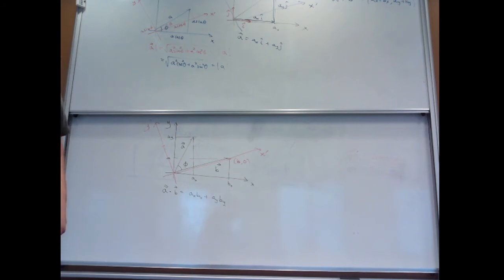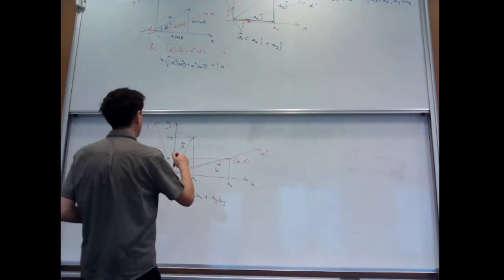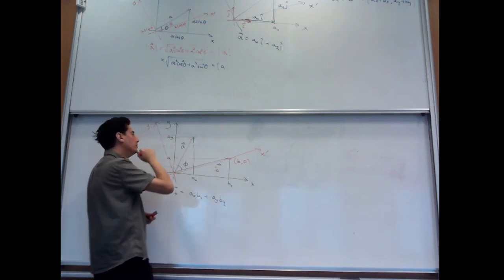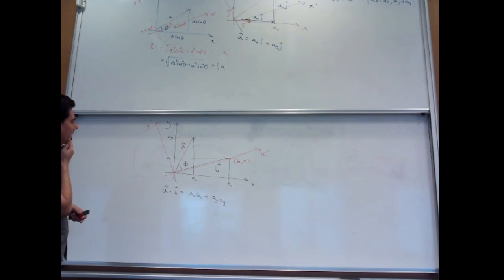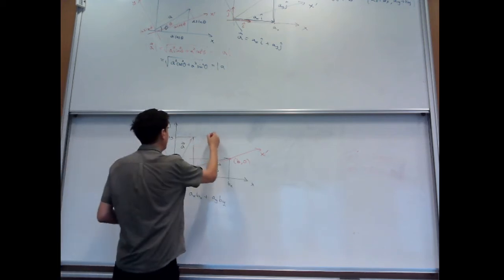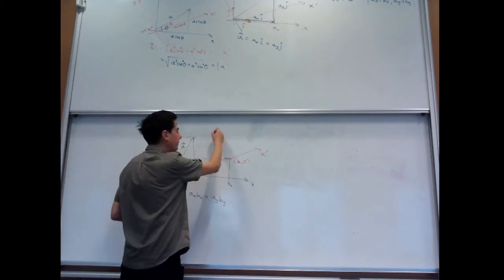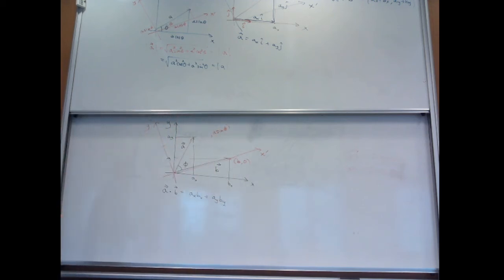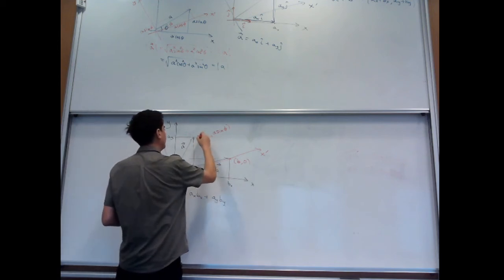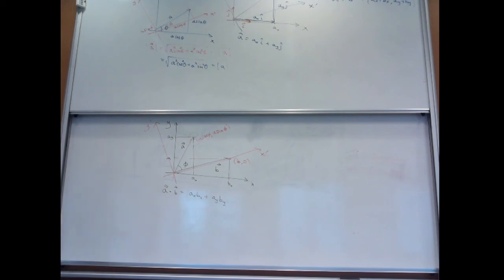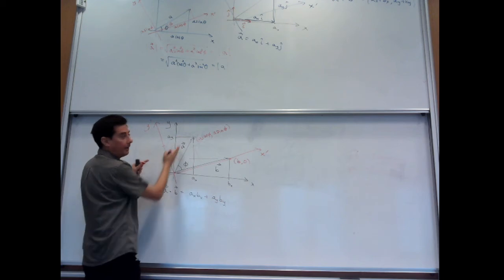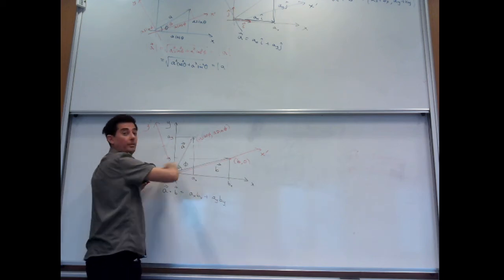The x coordinate would not be 0 actually, but I think you said A sine phi, right? So I think that x will be A cosine phi, and y will be A sine phi.